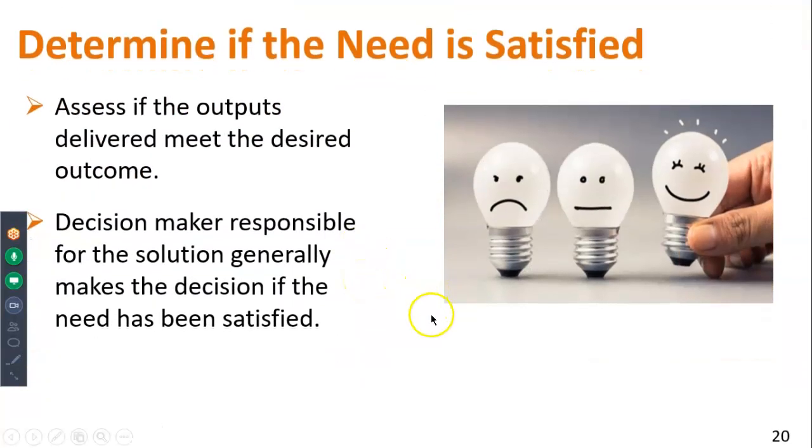Determine if the need is satisfied, and that's where we started with this, that at the initiative horizon is where we should be looking at, do we continue with the initiative that we've undertaken? Do we need to modify the initiative, or have we satisfied our need? We're not going to get any more out of this, and so we should simply say we're done. We're finished.